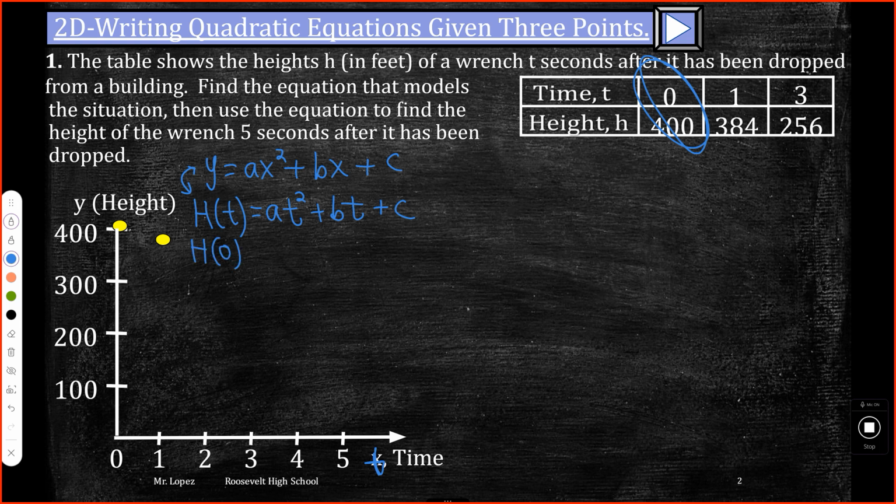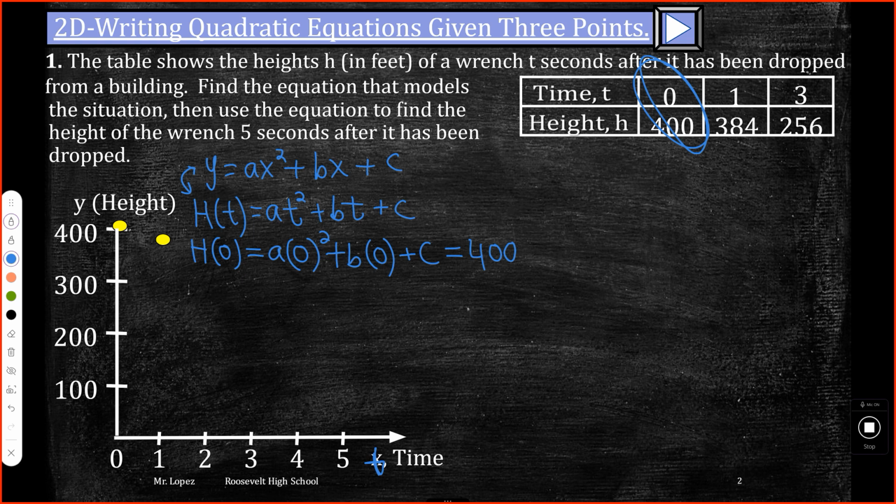The height at 0 is going to equal a, I don't know what a is, times what do I plug in for t? 0 squared, plus b times 0, plus c, is going to equal what is the height of the wrench at time equal to 0? 400 feet up in the air. Hopefully everything is making some sense right now.